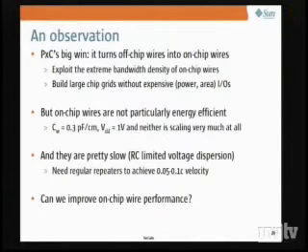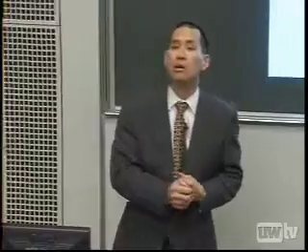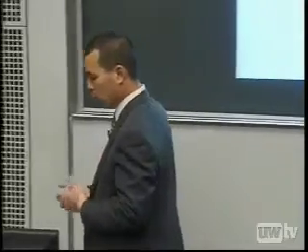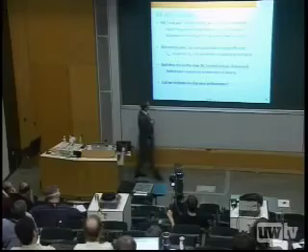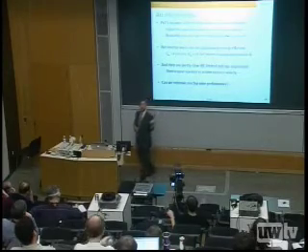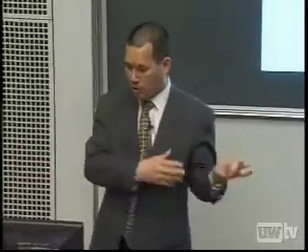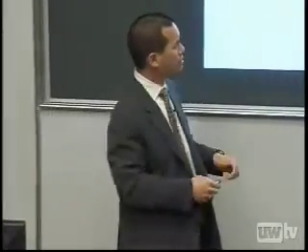So if I have more and more on-chip wires, I have more and more power, and I'm trying to make a system with lots of on-chip wires. The power scaling story for on-chip wires is not that attractive, and they're also pretty slow. So what can I do to make on-chip wires equally as good or perhaps better than before?